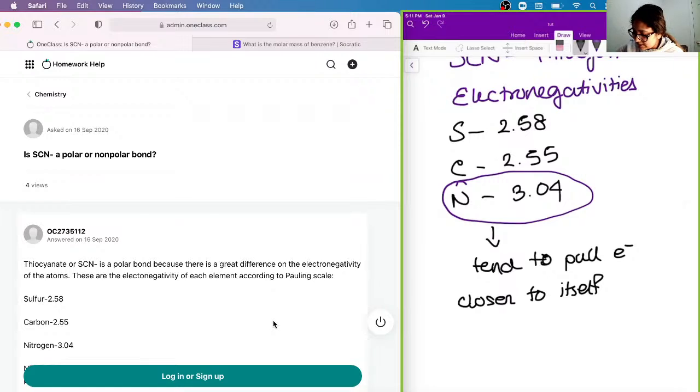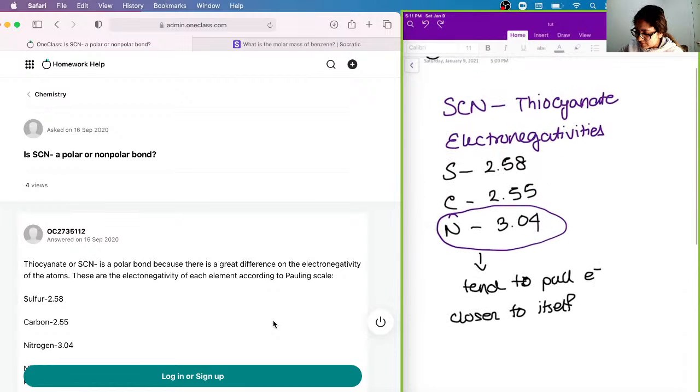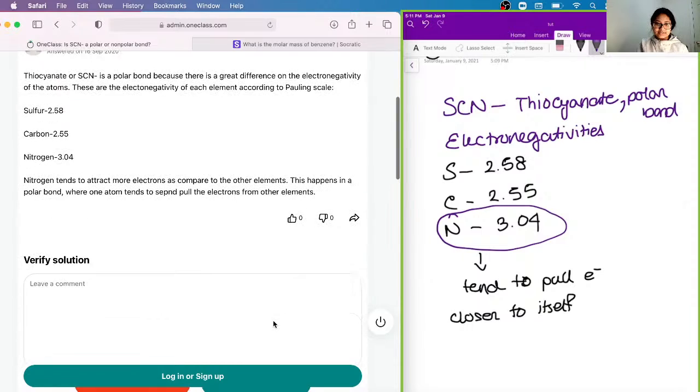The electronegativity difference between nitrogen and carbon is great, almost 1, and the same goes for sulfur. So this is a polar bond.